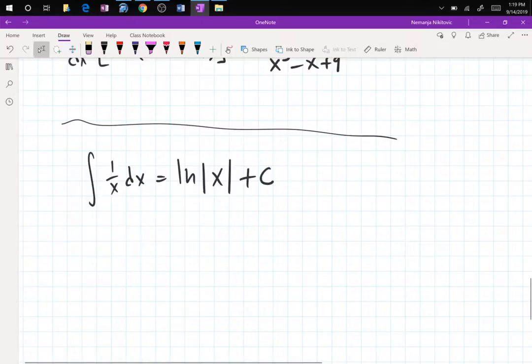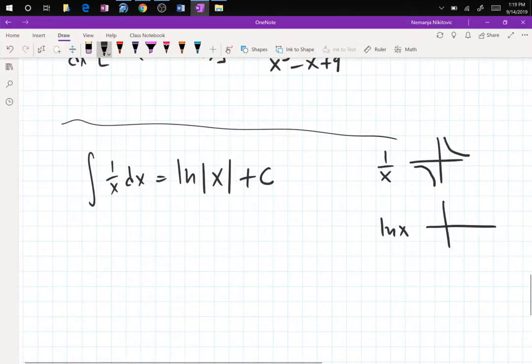And the reason why it must be there is the domain, the numbers you are allowed to plug in on the left and plug in on the right. You see, the 1 over x function has the domain on both sides and not on 0. And the ln x function, without absolute value, has it only on one side.